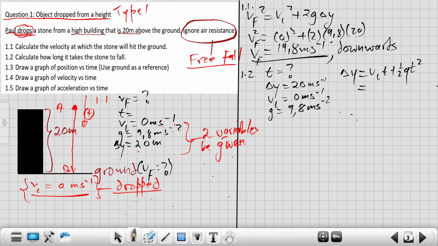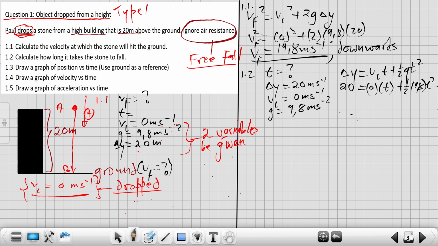Then everything is still downwards and we said our downwards is positive, so I will have 20 for my delta y. Then I will have 0 for my v initial, and t I don't know, and then I still have half of 9.8 t squared.